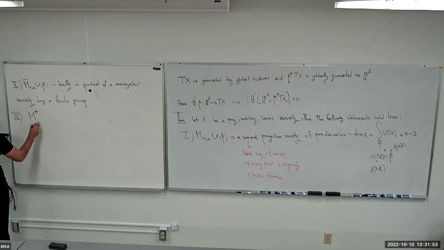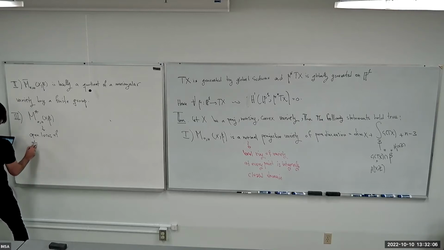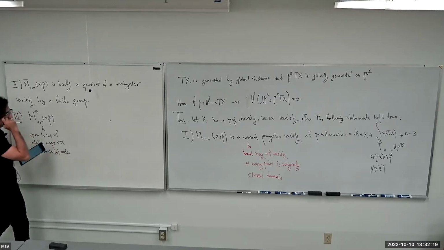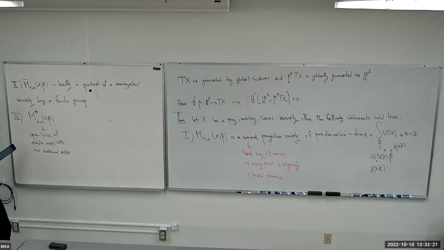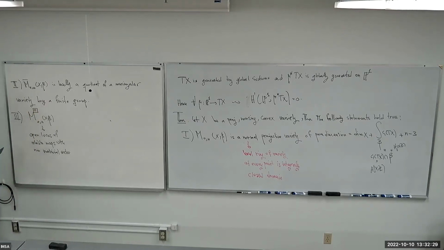And 3, M star 0n(X, beta), which is the open locus of stable maps with no non-trivial automorphisms. Because we used star as the interior open locus, maybe I call this something else. Maybe call it the locus with 0 automorphisms.